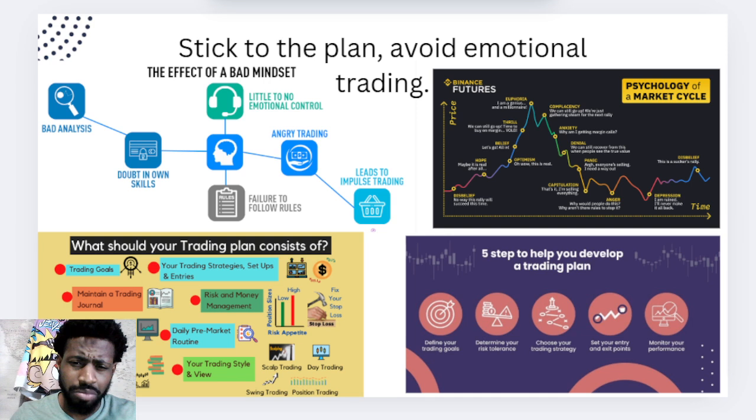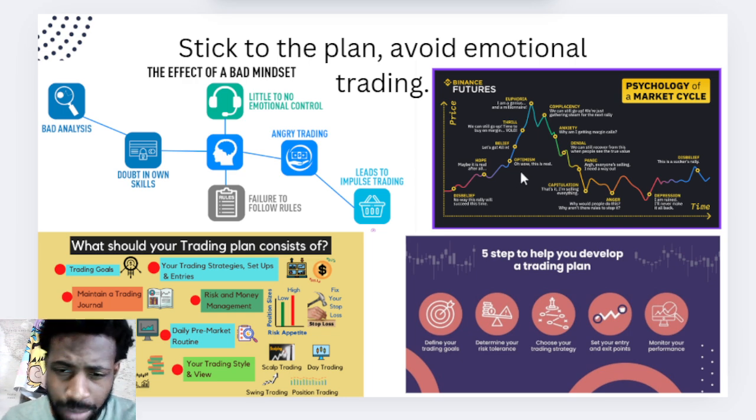Now, sticking to your plan to avoid emotion. This is an emotion graph that a lot of people go through, from optimism, thrill, euphoria, and then complacency, anxiety, denial, panic, boom, boom, boom.